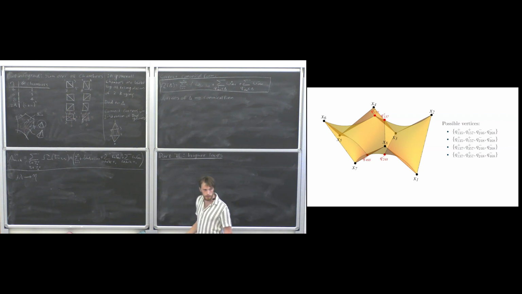So for the higher loop story, we can define something very similar, just based on the deltas, the one loop fiber geometries, which we have just encountered.